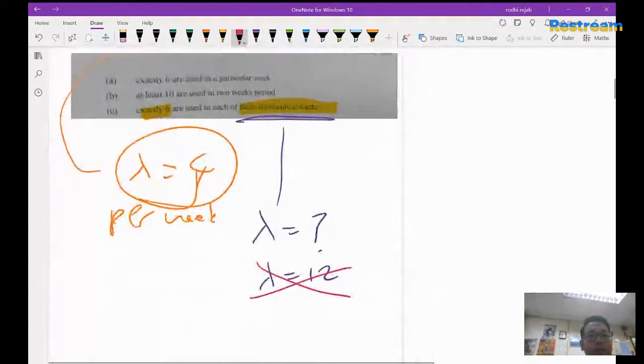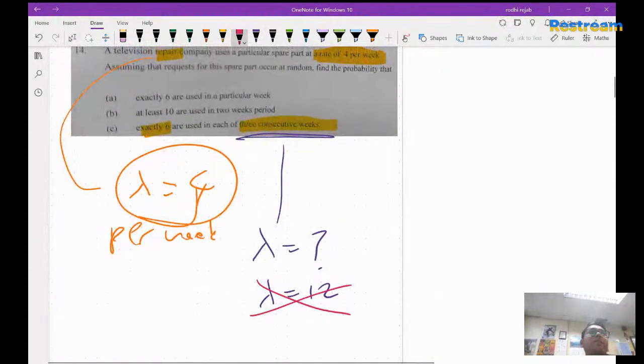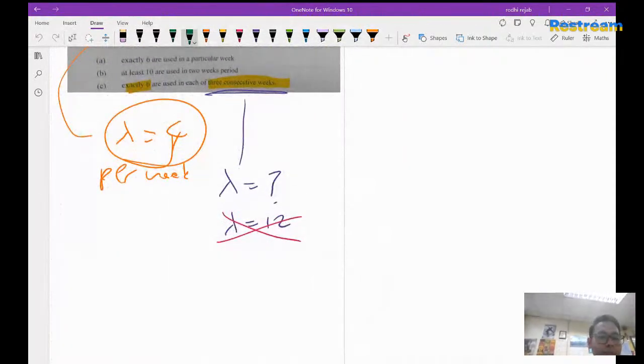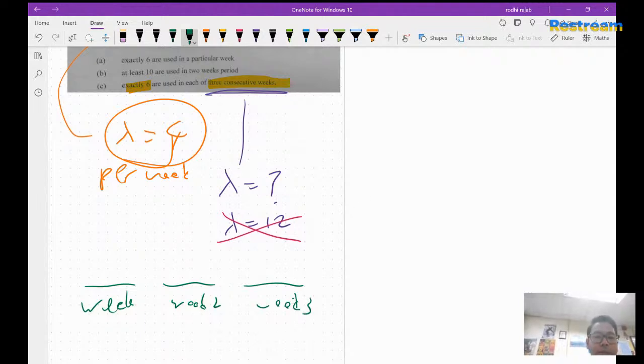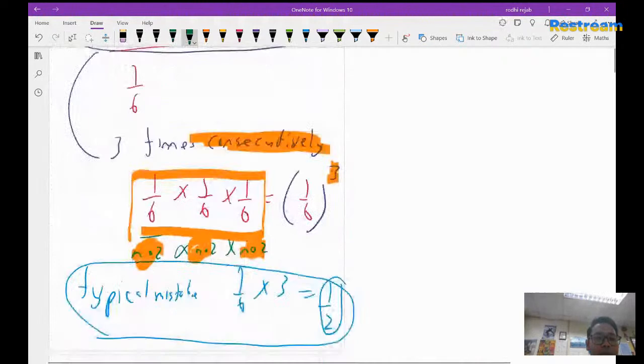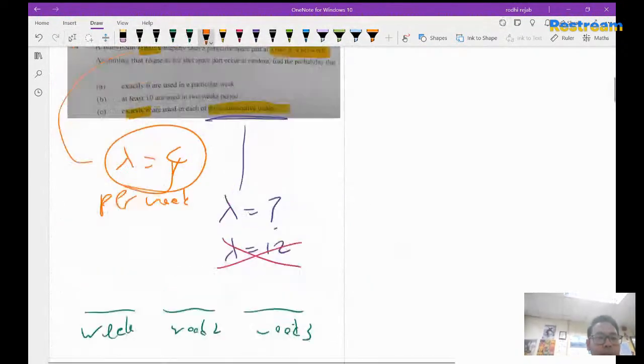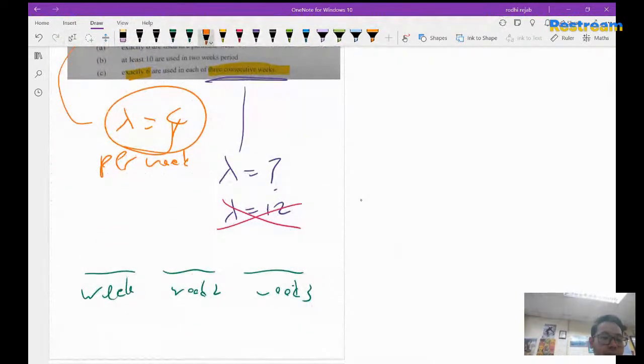Why is it wrong? Normally, if we increase the number of weeks, yes, we increase the value of lambda. But in this context, just like the die just now that we throw 3 times, here we have week 1, week 2, week 3, and you want to get exactly X equals 6, X equals 6, X equals 6 consecutively.